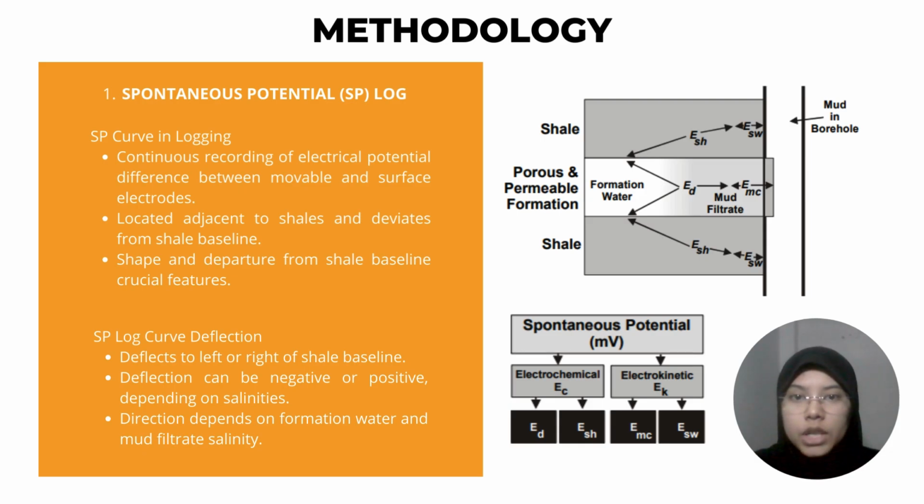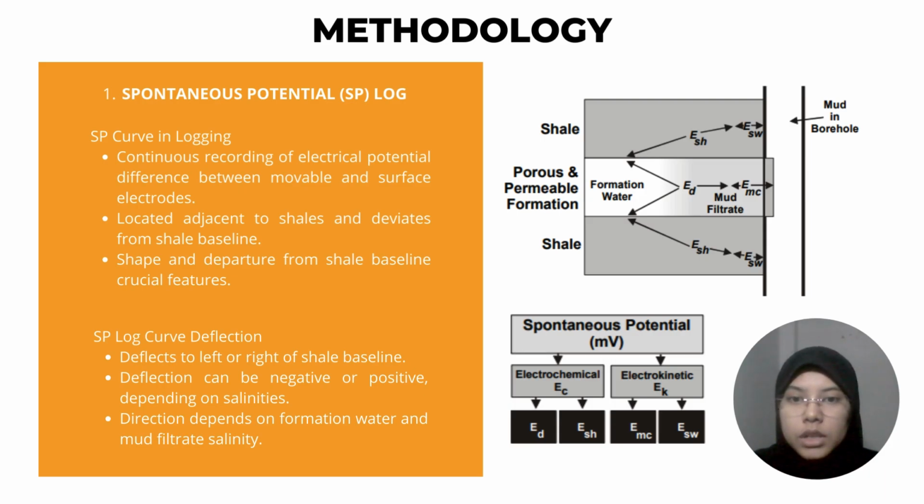SP curve logging is the continuous recording of the electrical potential difference between movable and surface electrodes. They are located adjacent to shale and deviate from the shale baseline. The shape and the departure from the shale baseline is crucial for the features.